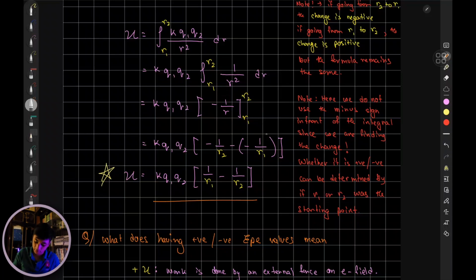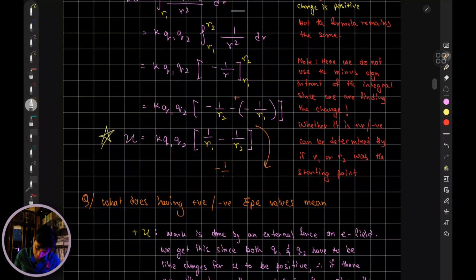Now we plug in r1, so 1 by r1, and you're going to be left with minus and minus, which is going to turn into positive. So you typically have minus 1 by r2 plus 1 by r1. In this last step, what I have basically done is change the position of r1 and r2.